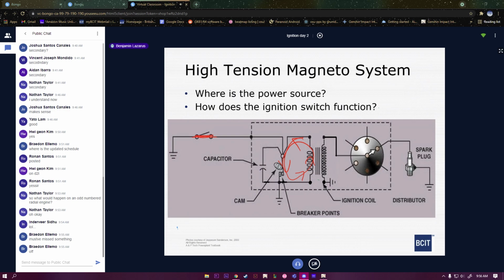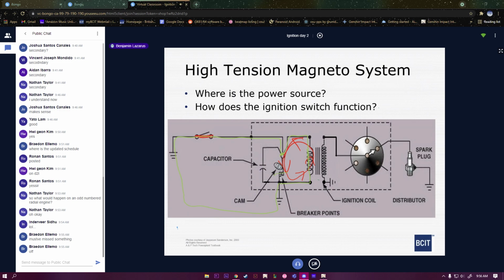The electrons come up. They get to this point. They see that my breaker points are closed, so they just go this way, and I still have a completed circuit.